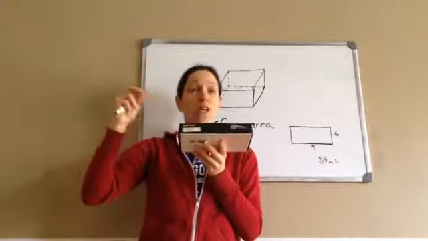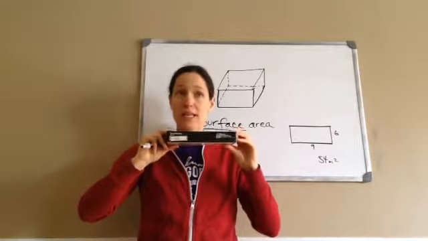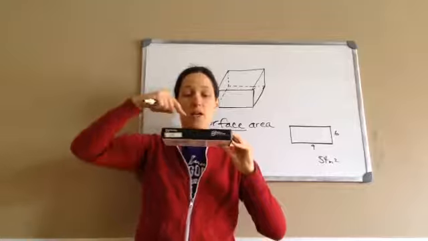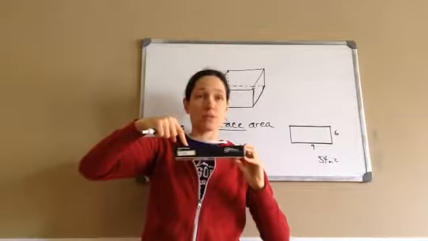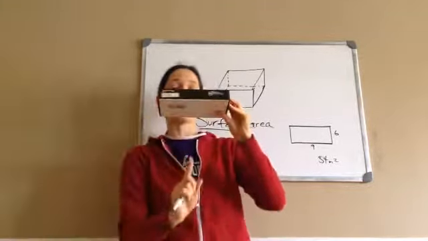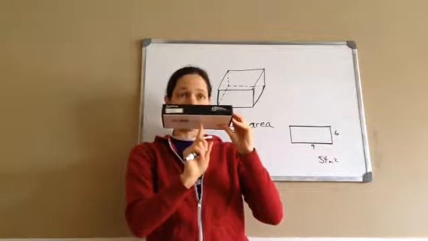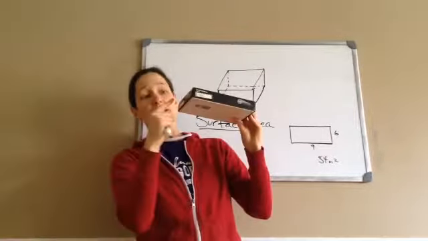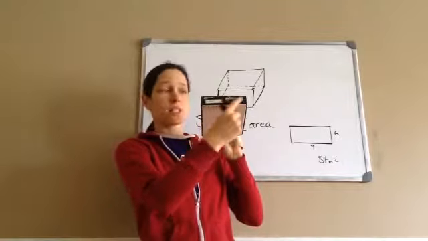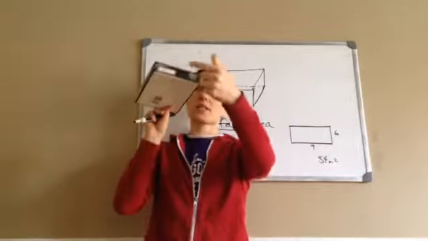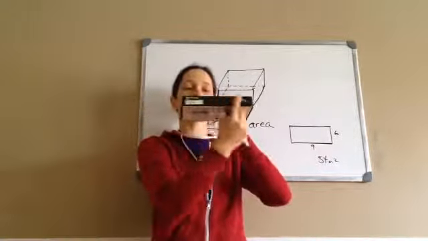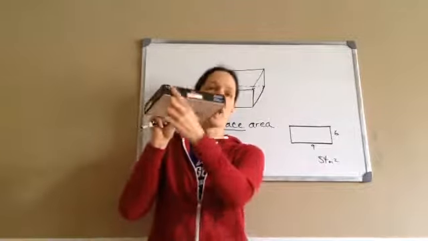And we're going to find the surface area, which means we're going to find the top rectangle, the area of it. We're going to find the bottom rectangle, the area of it. We're also going to find the side, look right here, side rectangle, plus the side rectangle, plus the front rectangle, plus the back rectangle.